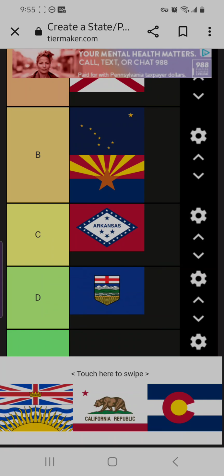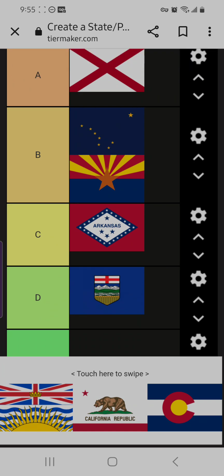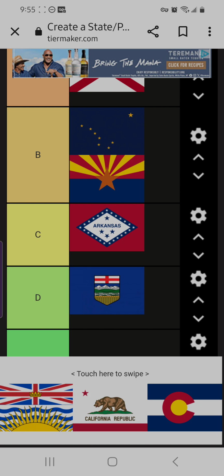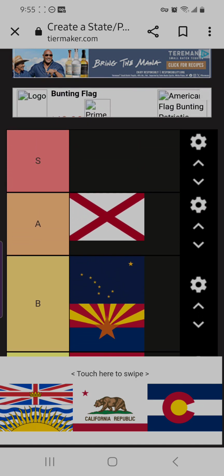It's not bad, it's not good, but it's not bad. So that's like the average C tier.